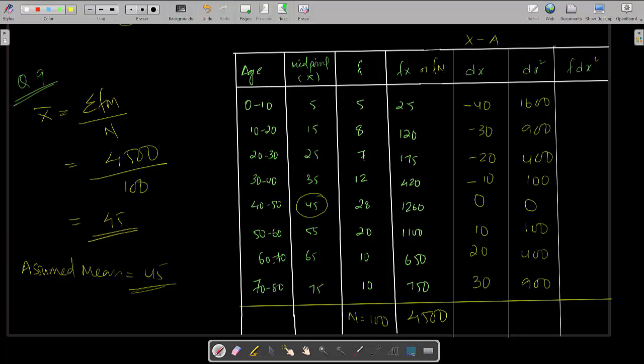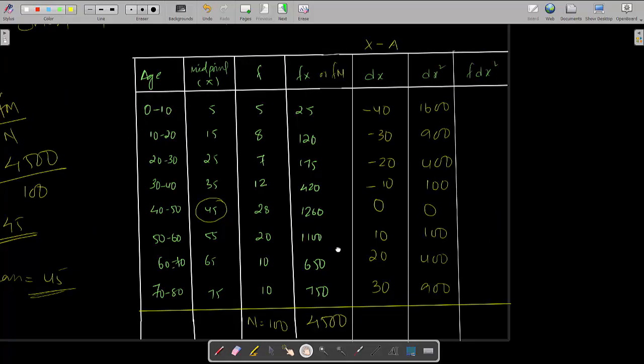We have missed out one more line here. Just a second, let me draw one more line. Our table is very colorful, but it's okay.